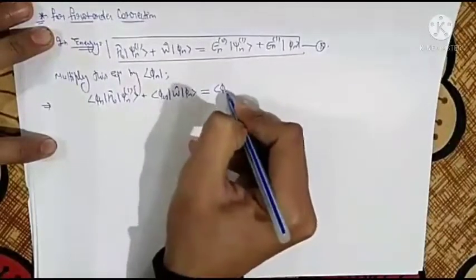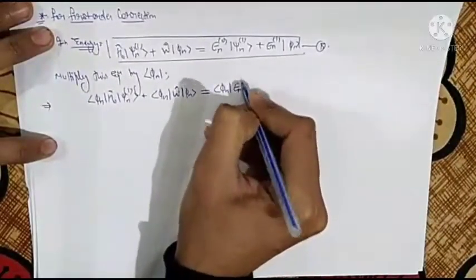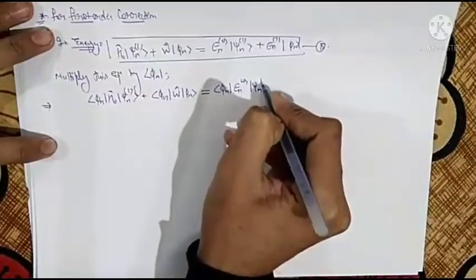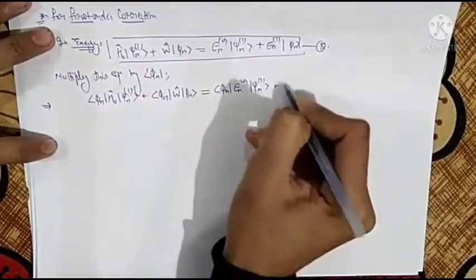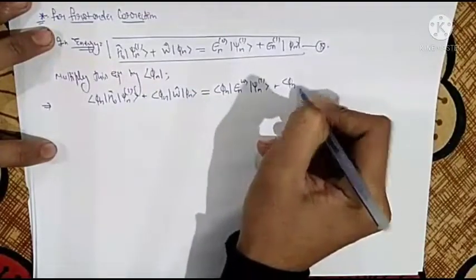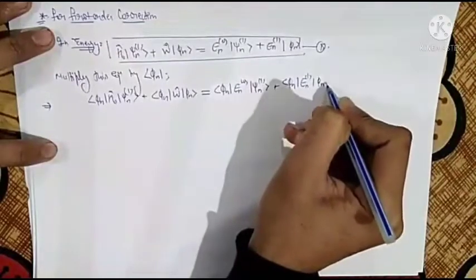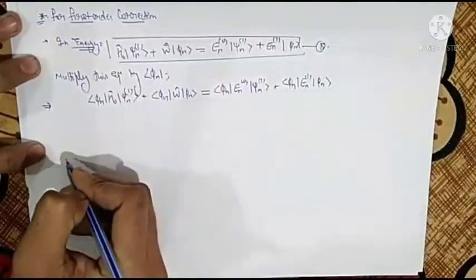It will be phi n E n naught into psi n1. It will be phi n E n1 phi n, right?